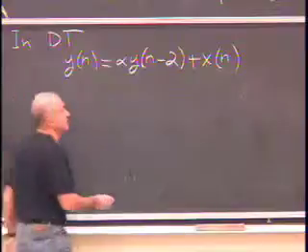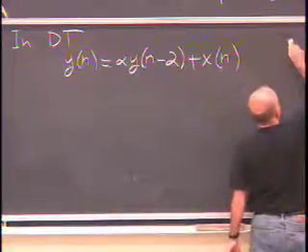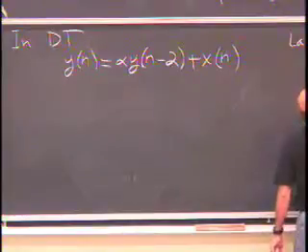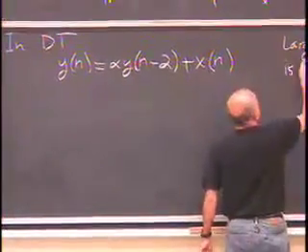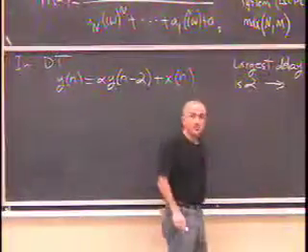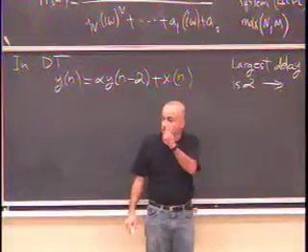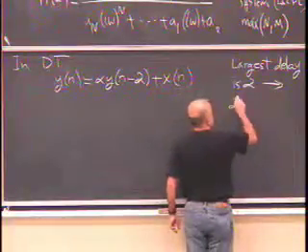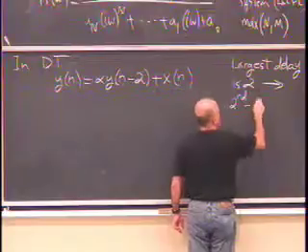So this is second order. Largest delay is 2. Therefore, you need 2 unit storage elements. And therefore, the system is second order.